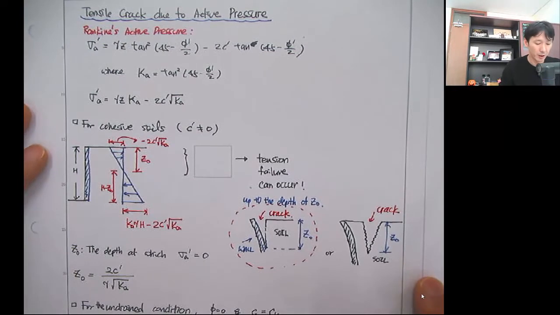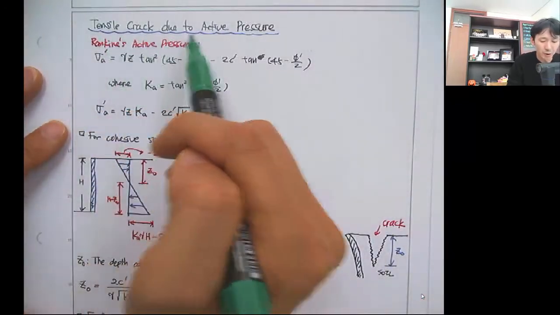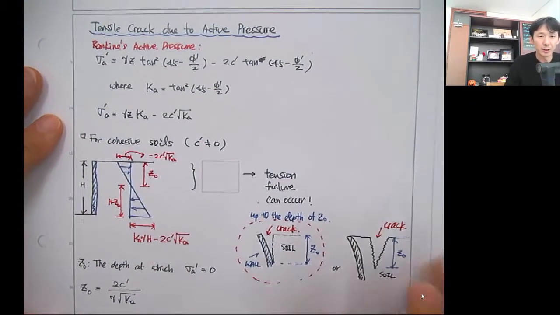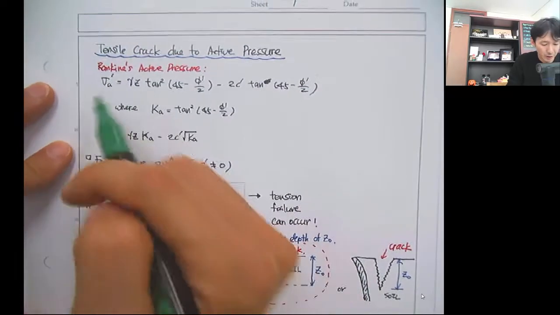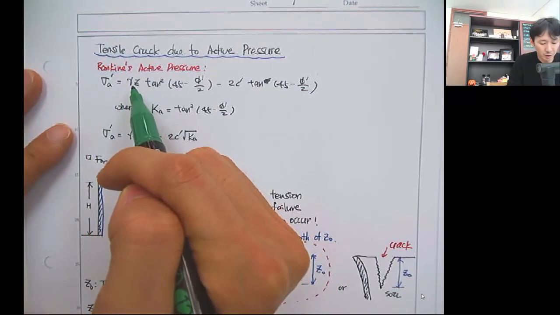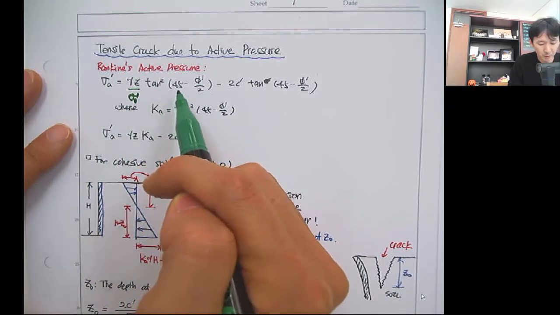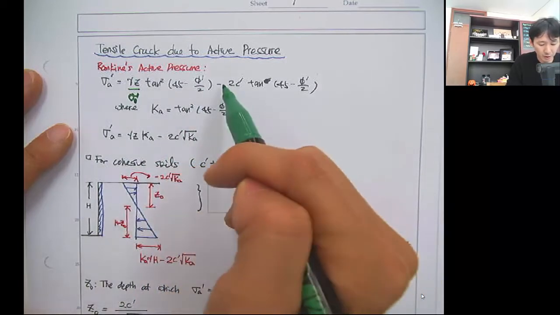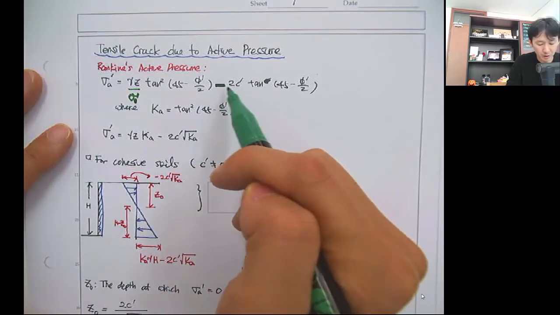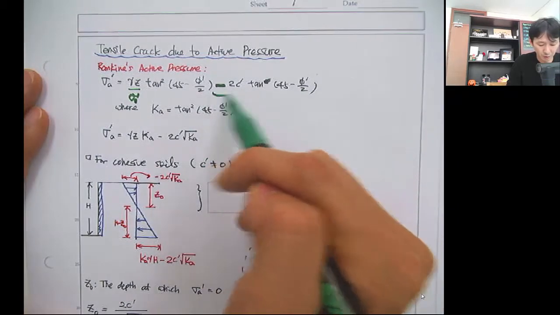So the last topic, but not the least, we're going to talk about the tensile cracks due to the active pressure. We've seen in the Rankine theory, the active pressure is gamma times z, which is the vertical effective stress, times tangent square 45 minus phi over 2, and there's a negative term, minus 2c prime tangent 45 minus phi over 2, right?